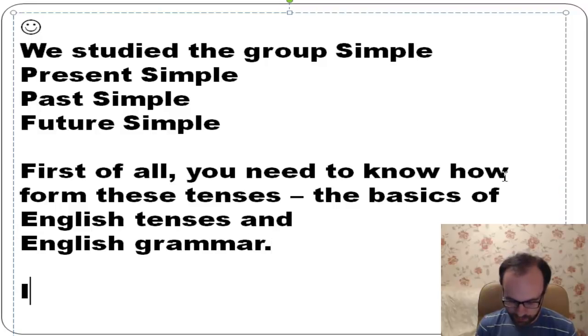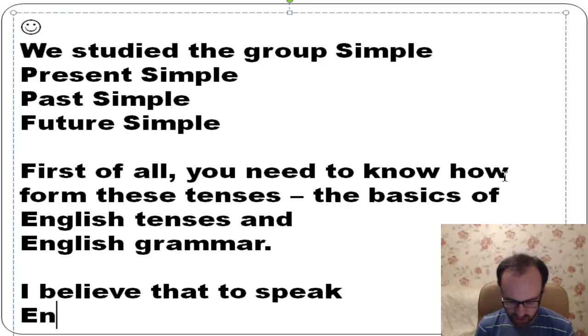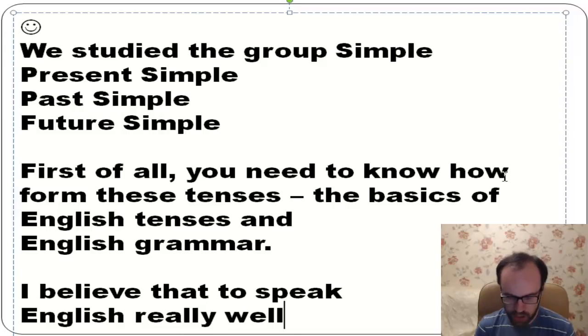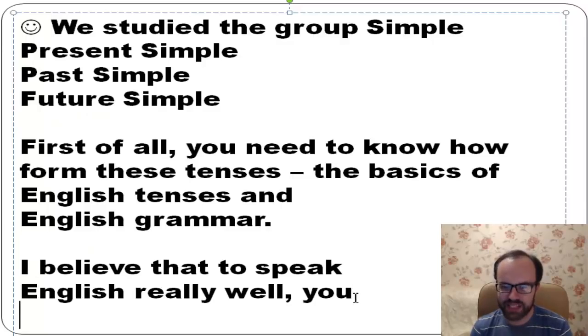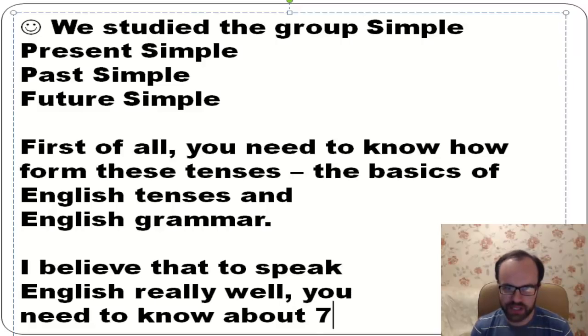I believe that to speak English really well, you need to know about 7 tenses.